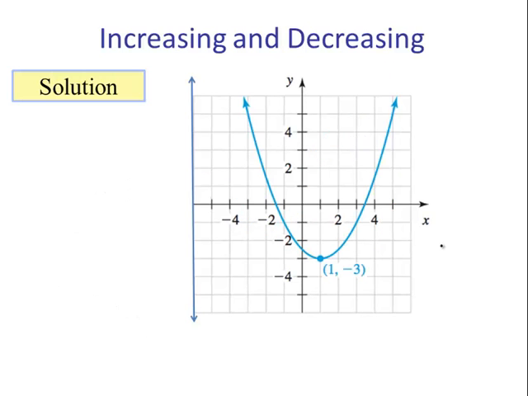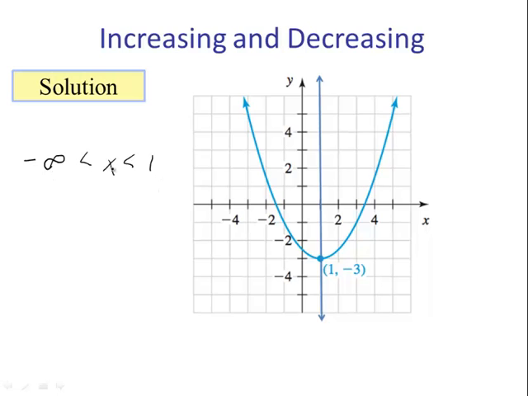Number 2, where is this graph increasing and decreasing? So from -infinity, because we have our arrows, all the way up to this point, that's when x is 1. So we have from -infinity up to 1. Again, we don't use equal signs here.